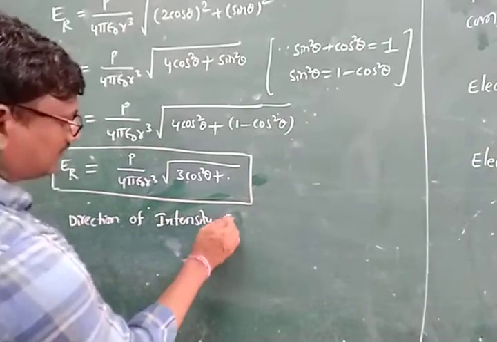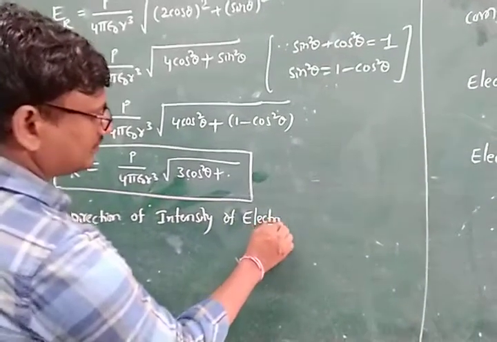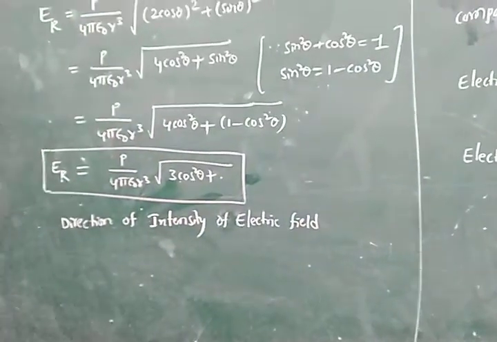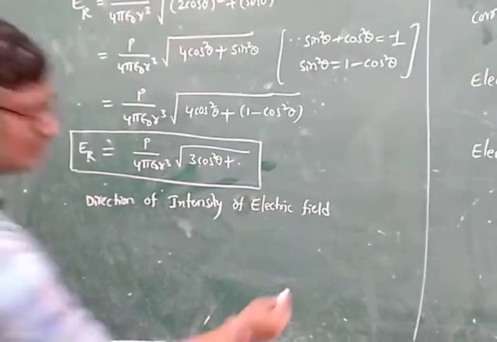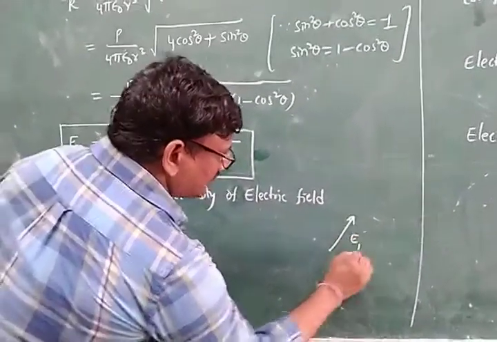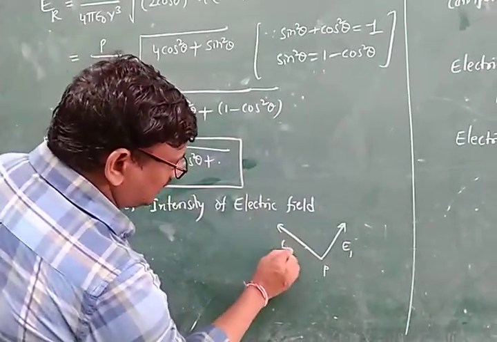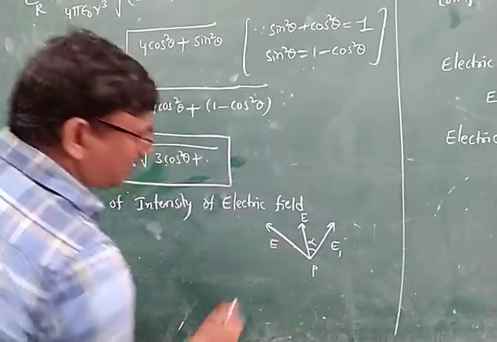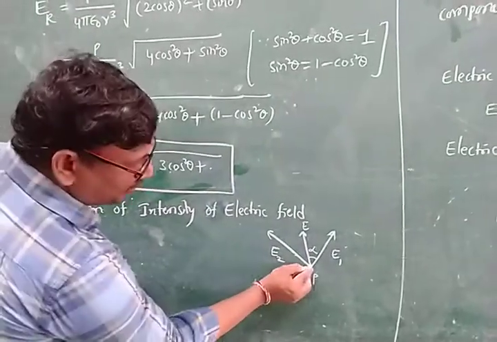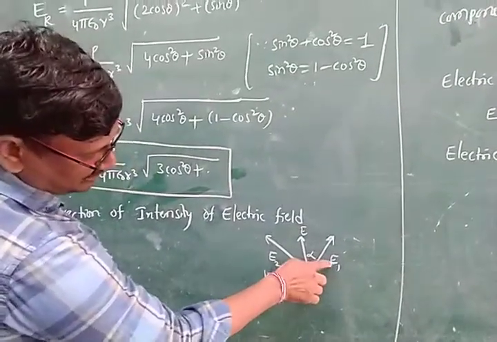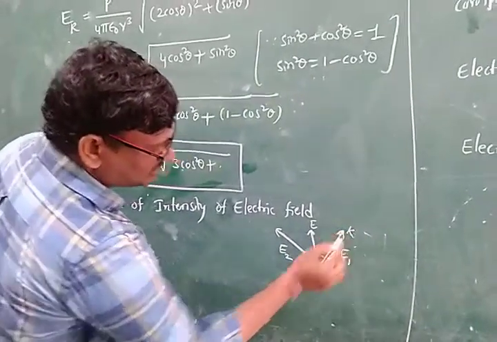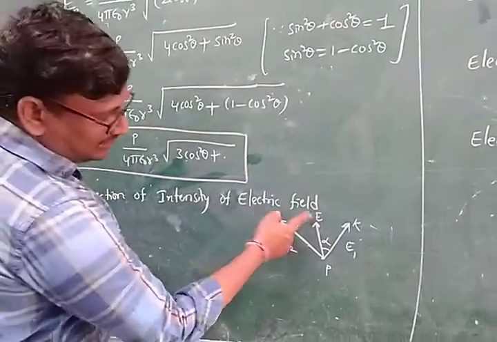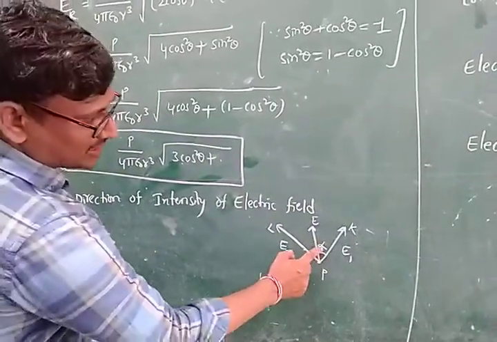Direction means we can already see here, this is the E1 direction at point P. This is E2 and this is the resultant E, making an angle alpha. At point P in this diagram, this is E1, the point is K, here E2, the point is L, and here E is the resultant, at angle alpha.